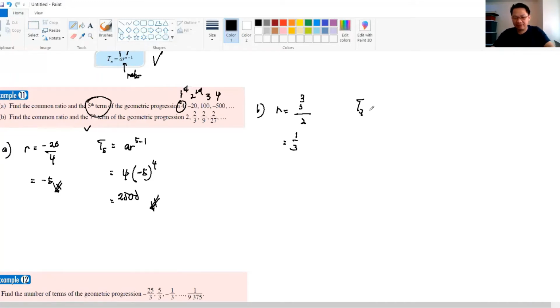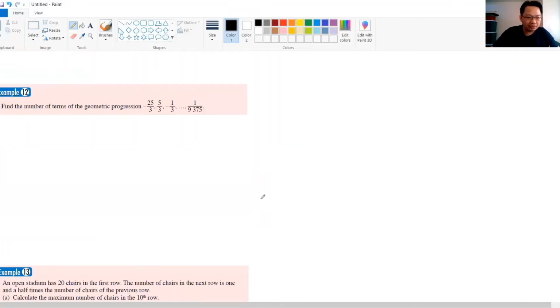So T7 equals ar to the power of 6, n minus 1, 7 minus 1, that's why we got 6. According to the formula, A is 2, r is 1 over 3 to the power of 6. Then you compute, then you get the answer. Settle, done. Alright, now let's move to example 12.